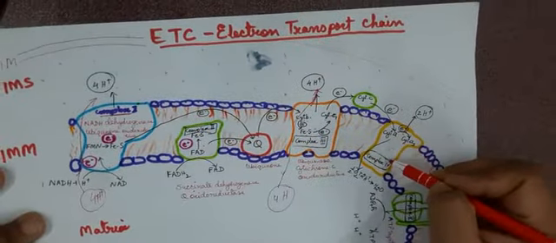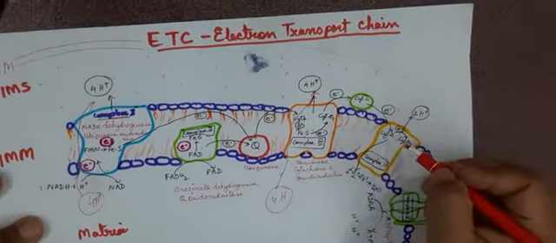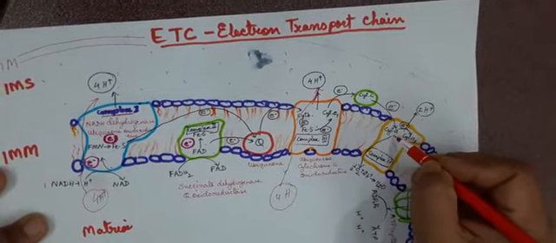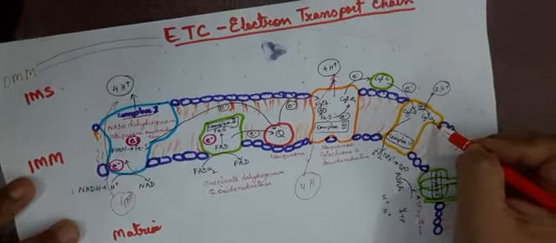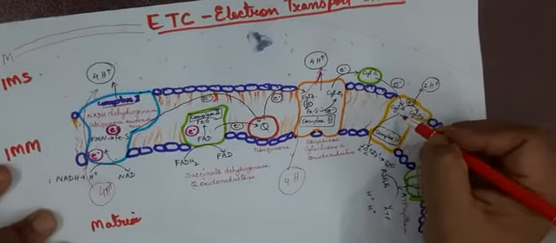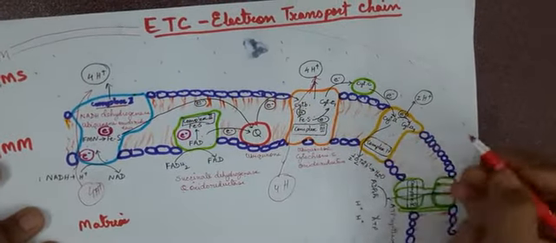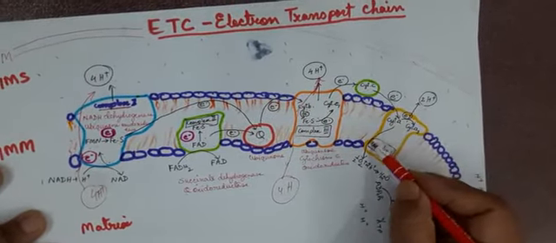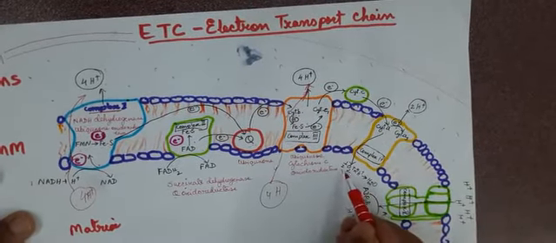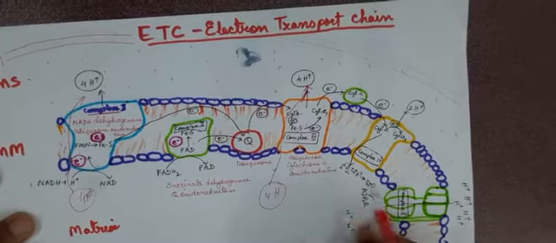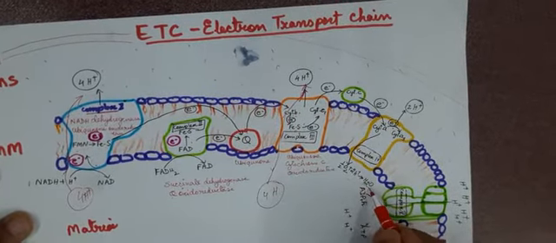Then in the fourth complex, the hydrogen ions are accepted by cytochrome A and passed to cytochrome A3. But here 2 hydrogen ions are brought back into the matrix, and they are accepted by oxygen to form a water molecule.